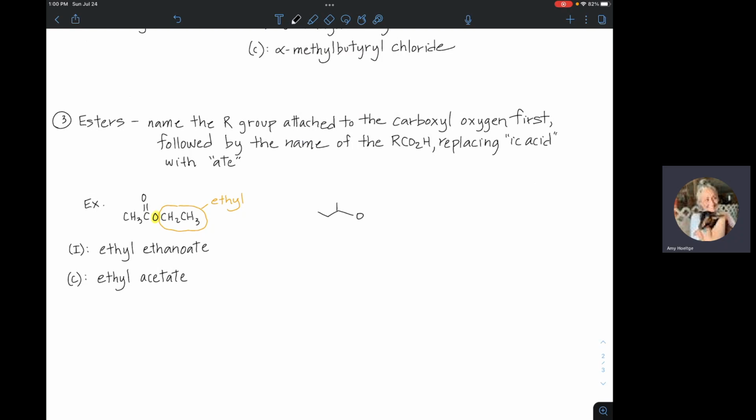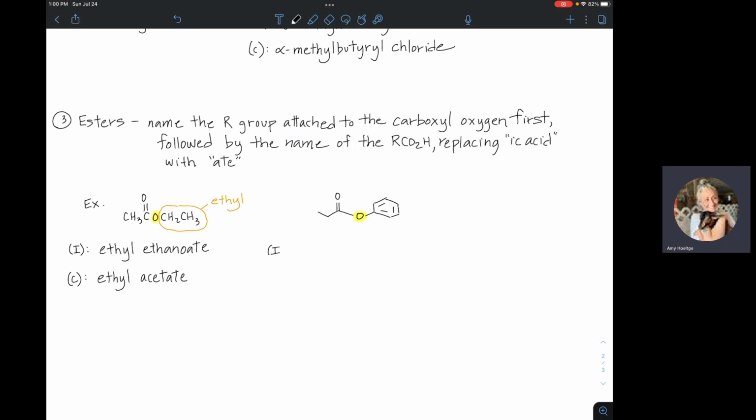There's your carboxyl oxygen. There's your carbonyl oxygen, right? So we're going to focus on this oxygen first, or the alkyl group that it's bonded to. We'll get more experience with throwing aromatic groups in there.